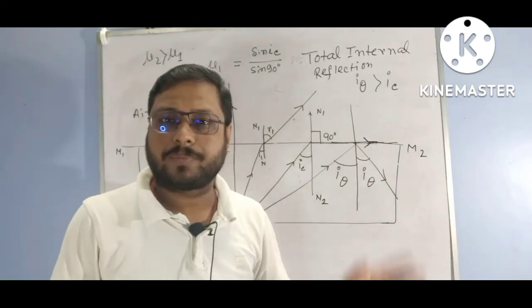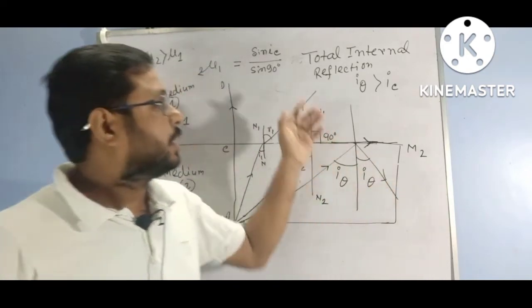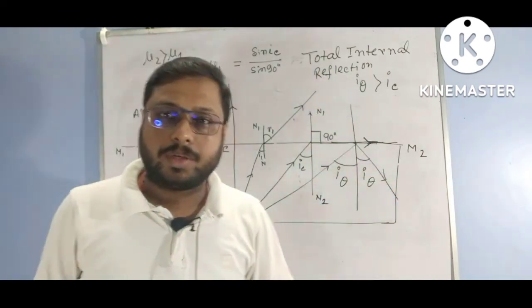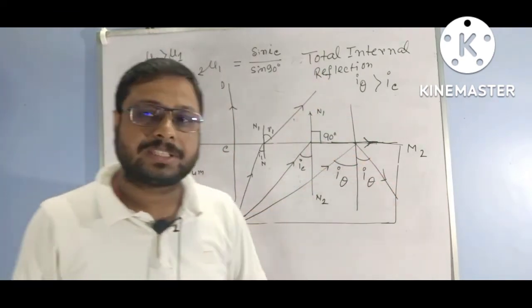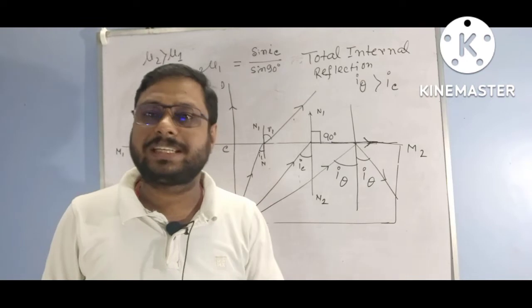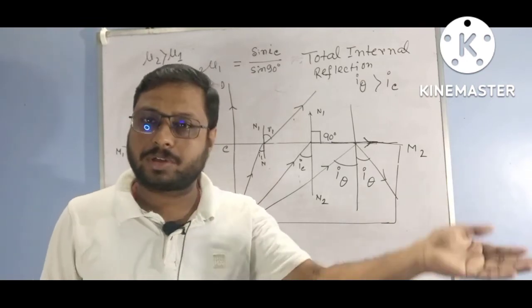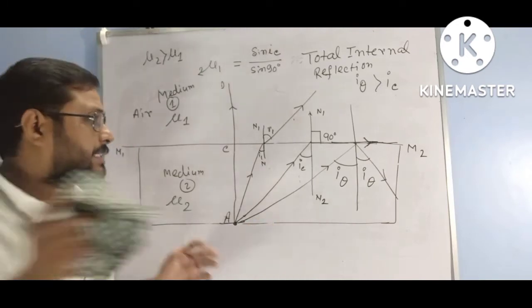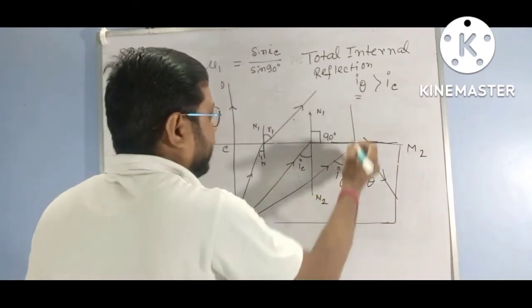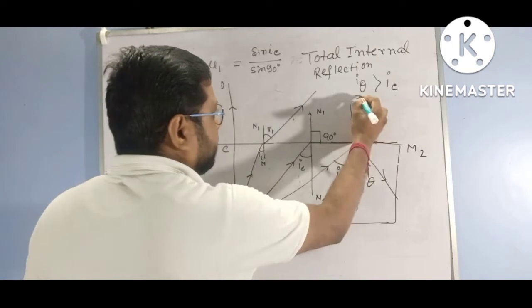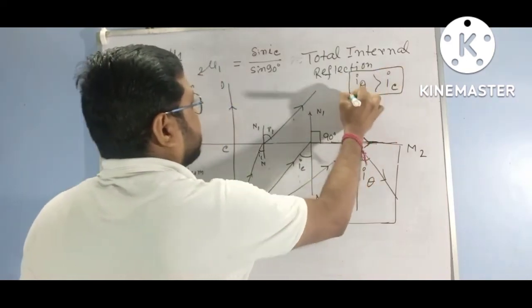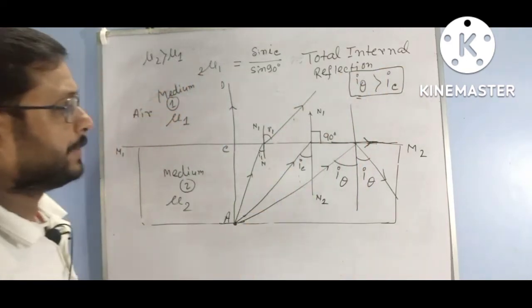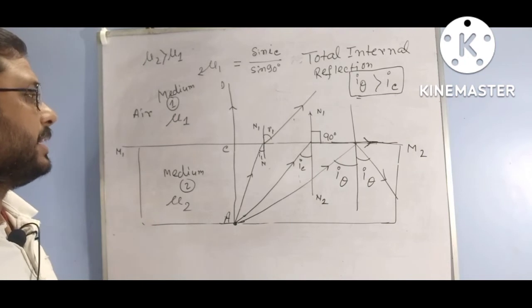And reflection, you also know, takes place in a single homogeneous medium. So in this case, I theta, that is the angle of incidence in the denser medium, must be greater than the critical angle. This is known as total internal reflection.